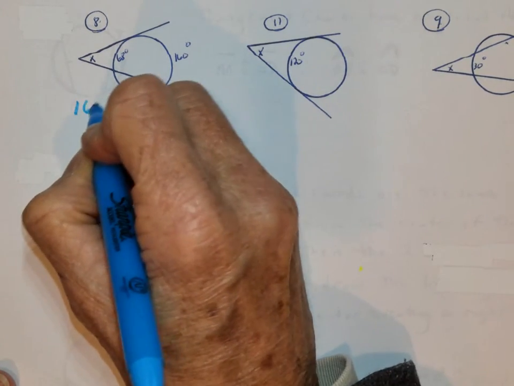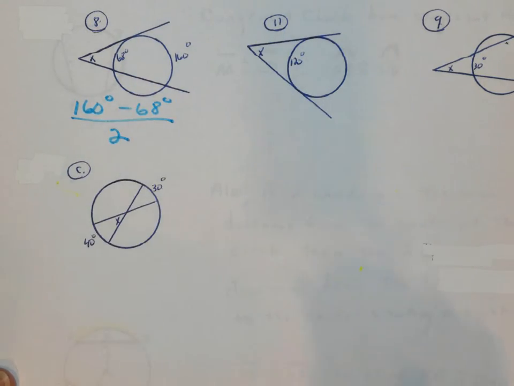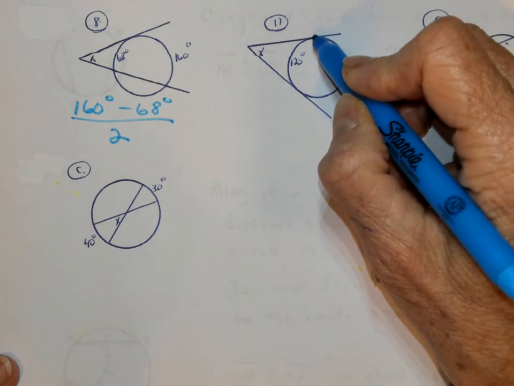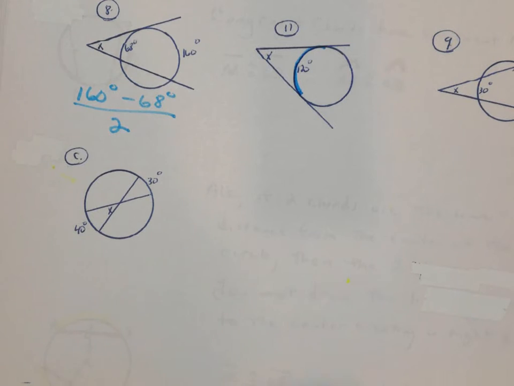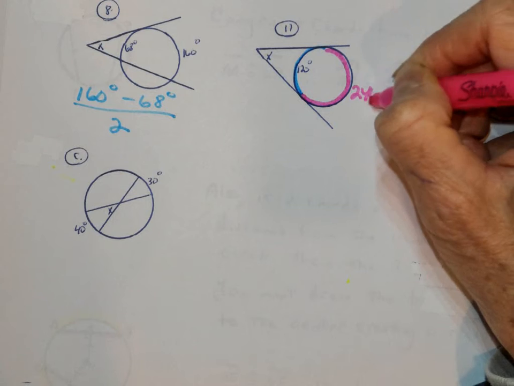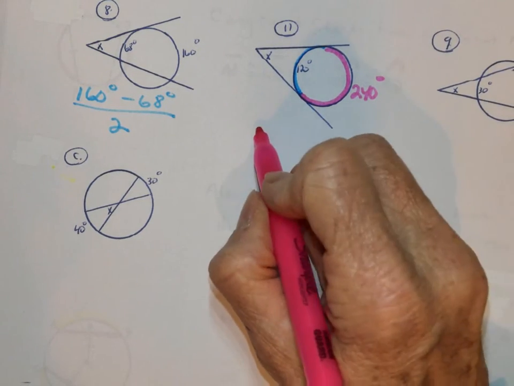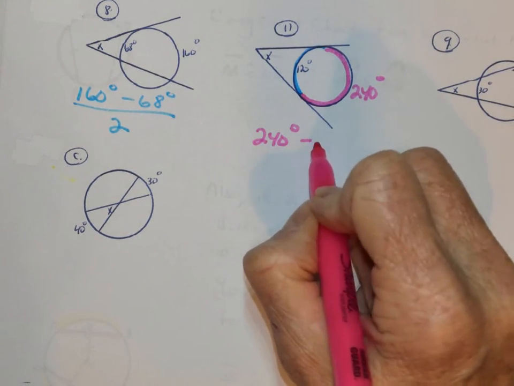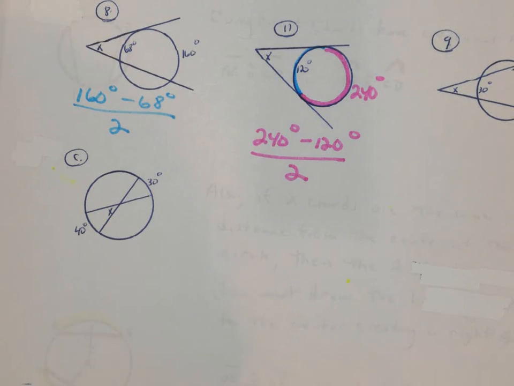For this one, this arc is 120 degrees, but the outer arc that's not showing is 240 degrees, right, folks? We have to know that 360 minus 120 is 240. The same thing applies here: we take 240 degrees minus 120 degrees, divide by 2, and you get your angle.